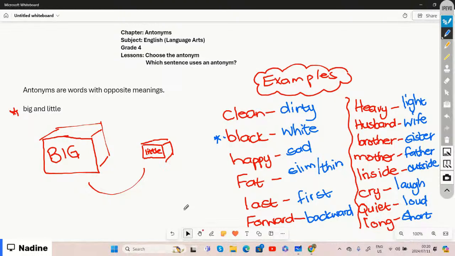We're only going to do two lessons on antonyms. And then in our next lesson, we will do a follow up lesson again on antonyms, which will be the last one.